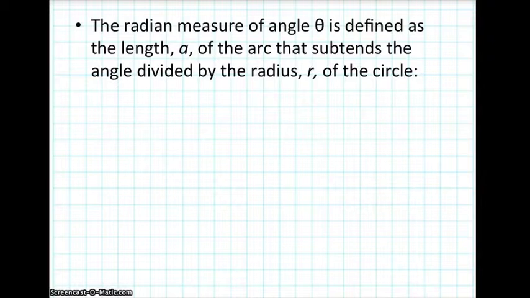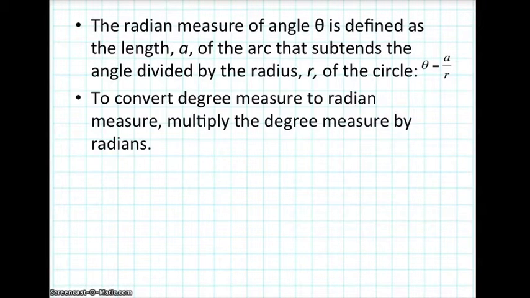The key concepts for 4.1 are that the radian measure of angle theta is defined as the length A of the arc that subtends the angle divided by the radius r of the circle. So the formula is theta equals arc length over radius.